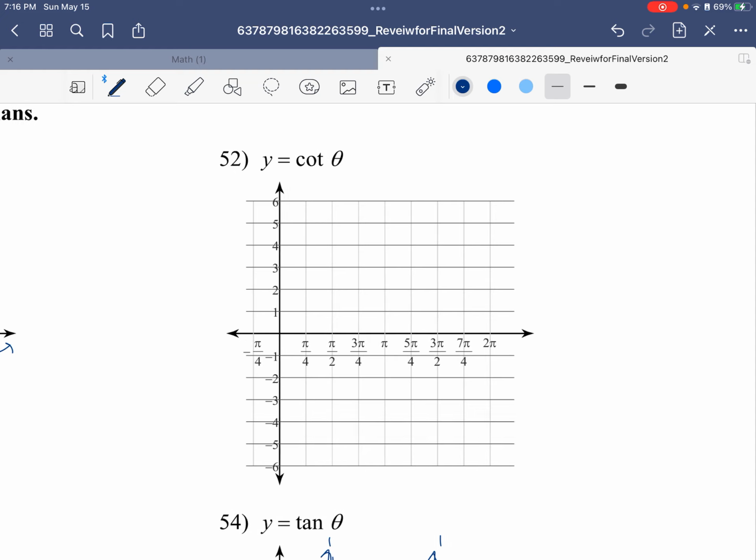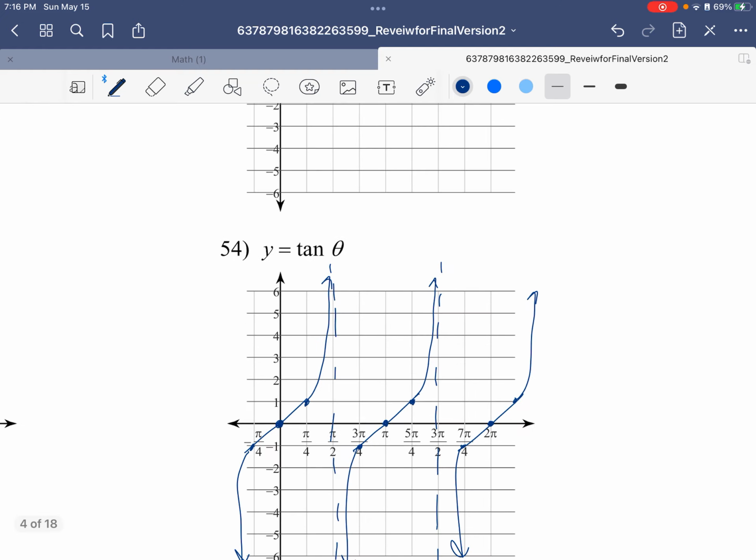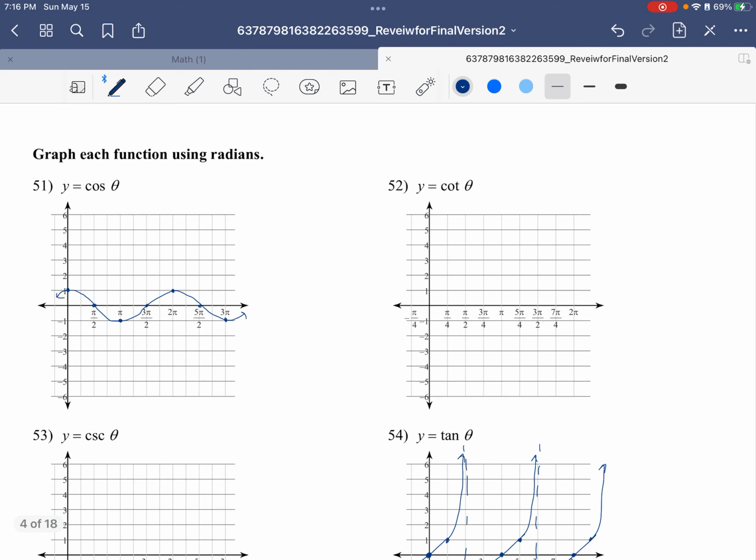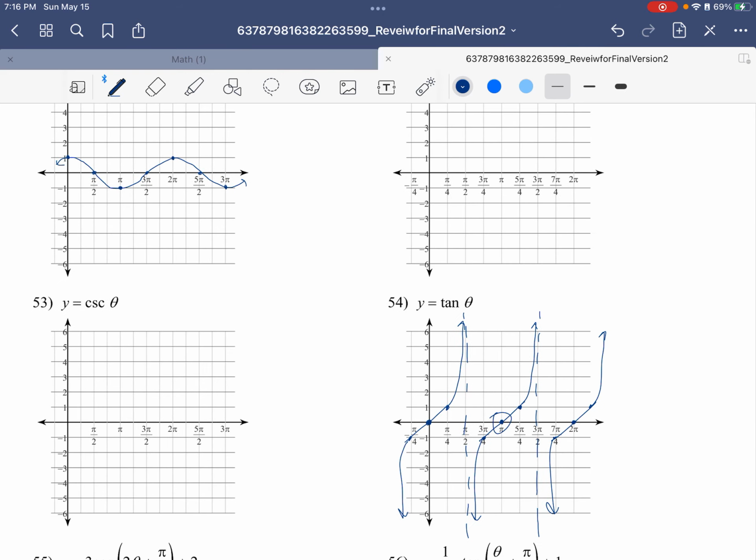And then cotangent is where tangent intercepts. Instead of there being a point, for cotangent, where tan intercepts, it's going to be a vertical asymptote.